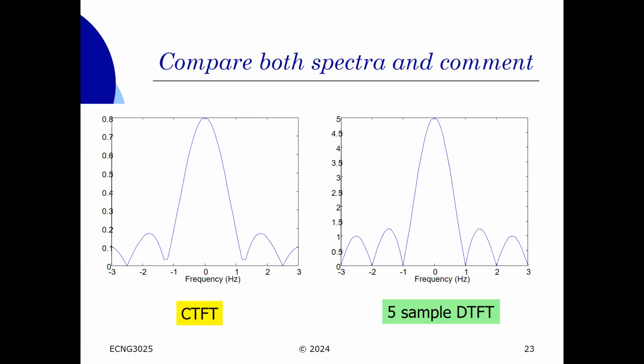Let's put the continuous time transform and the discrete time transform next to each other. So what we have on the left-hand side is what the quote-unquote real spectrum is supposed to look like, the magnitude. And what we have on the right is what we have at DTFT, which is just 5 samples, and we did the manipulation.